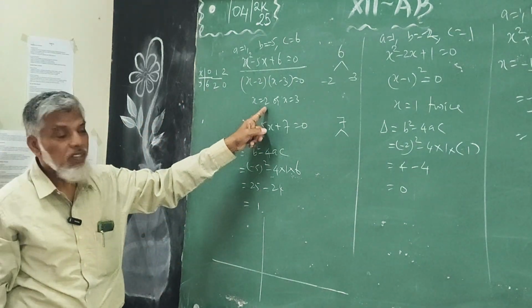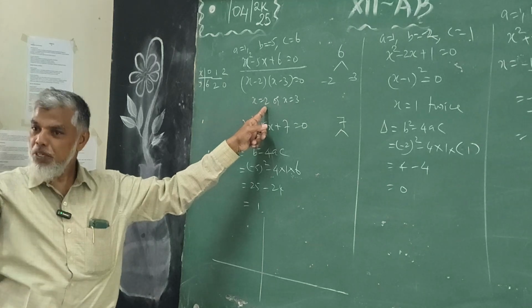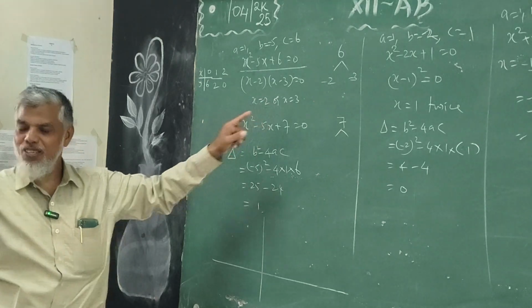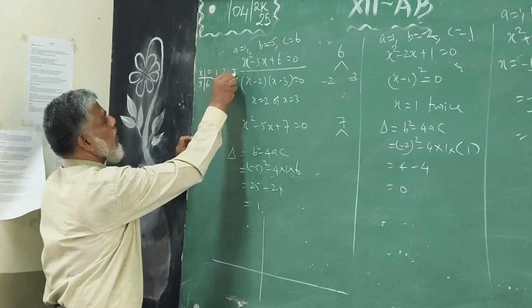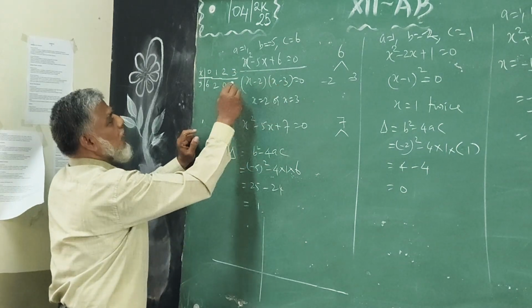Why? Because we already factorized. That means if you put 2, you should get 0, and if you put 3, you should get 0. Okay.